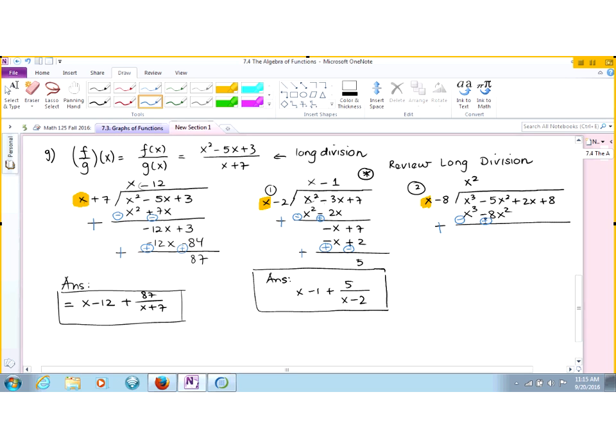Negative 2x plus 8. Are you talking about number 2? No, we will just do this first, and then we will bring down whatever we need. Yeah, so we bring down one by one. Like here, I bring it down here. We usually don't do it that way.